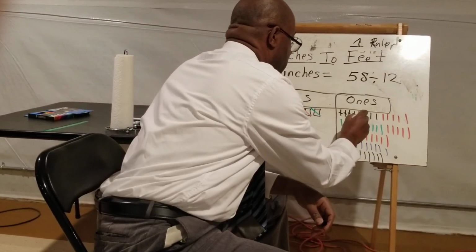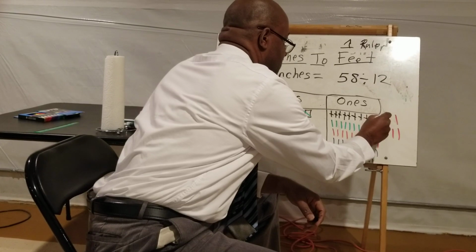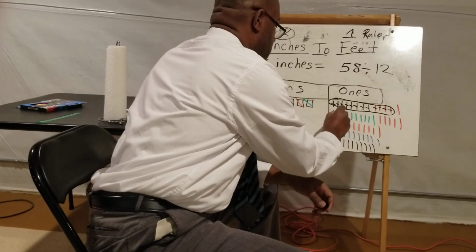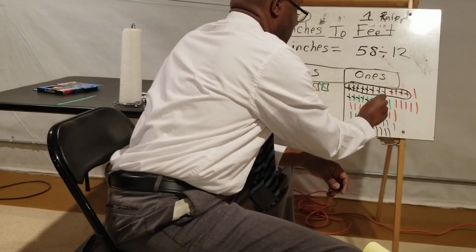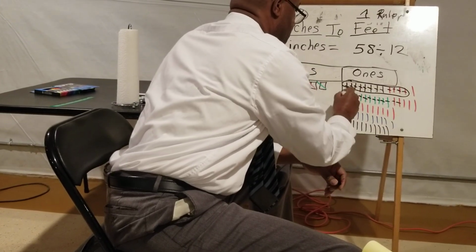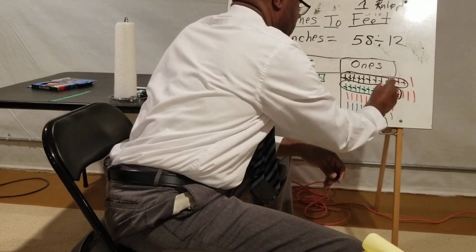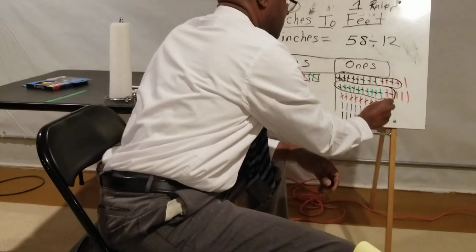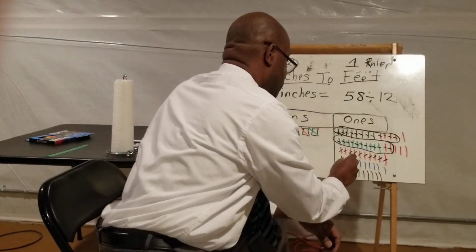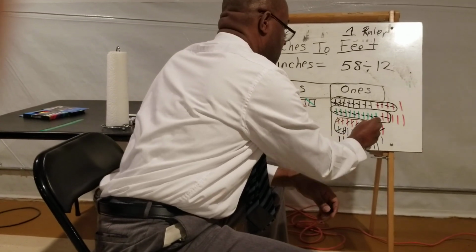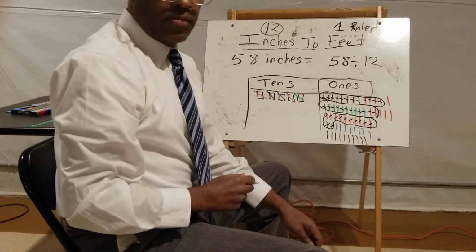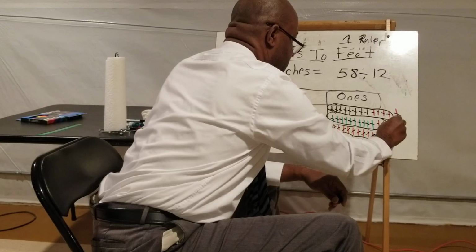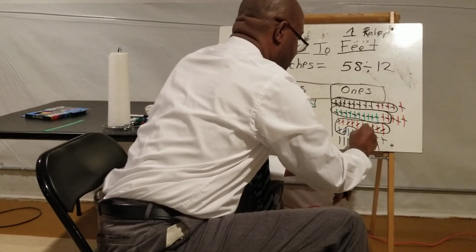1, 2, 3, 4, 5, 6, 7, 8, 9, 10, 11, 12. So far, that's 3 groups of 12. 1, 2, 3, 4, 5, 6, 7, 8, 9, 10, 11, 12.